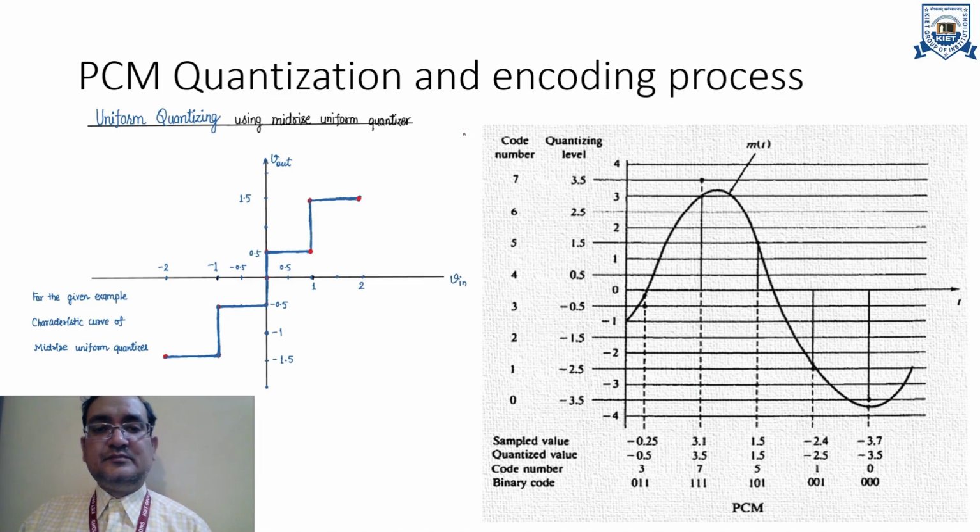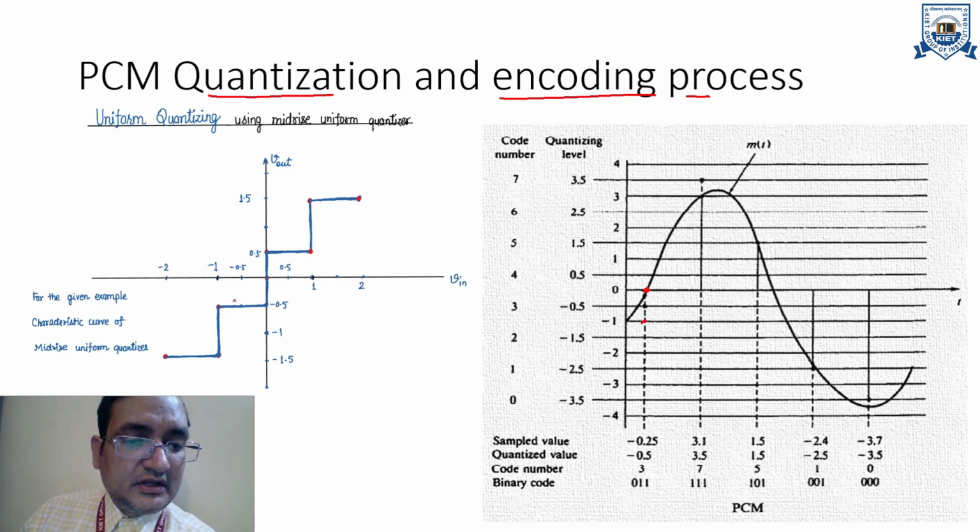Now this is a simple process. With the help of this pictorial presentation, you can clearly understand how the quantization and encoding processes are relevant to PCM. In this figure you can clearly see all the voltage values which are less than 0 but greater than -1, from 0 to -1.